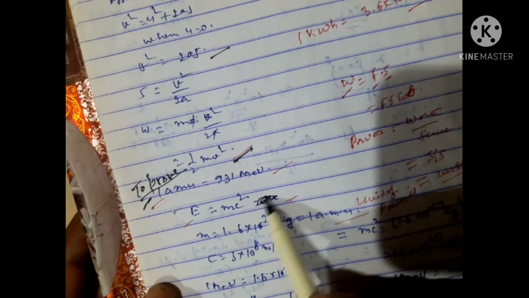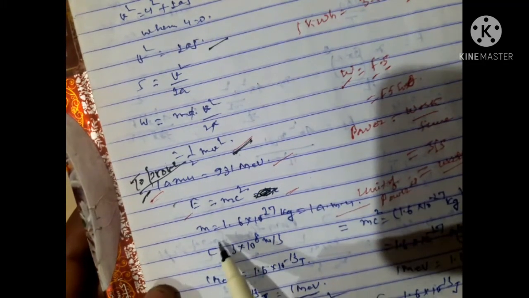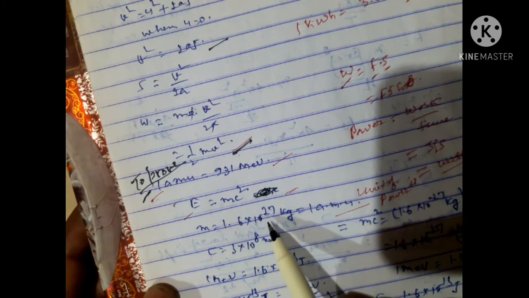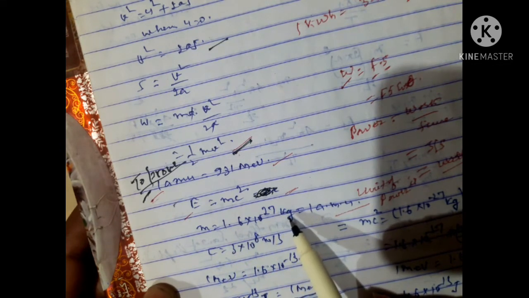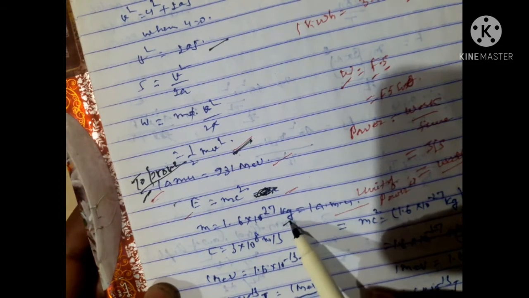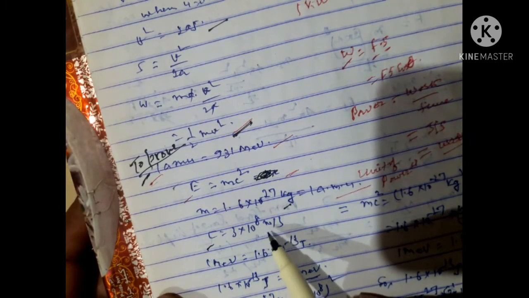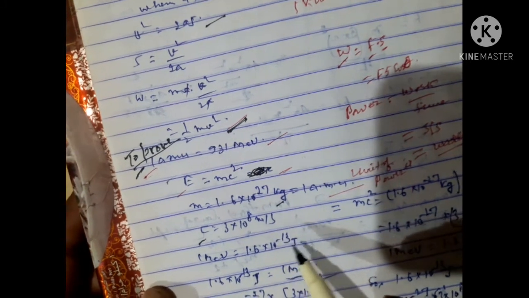Try to understand. Here mass m is equal to 1.6 into 10 to the power minus 27 kg. C is equal to 3 into 10 to the power 8 meter per second.